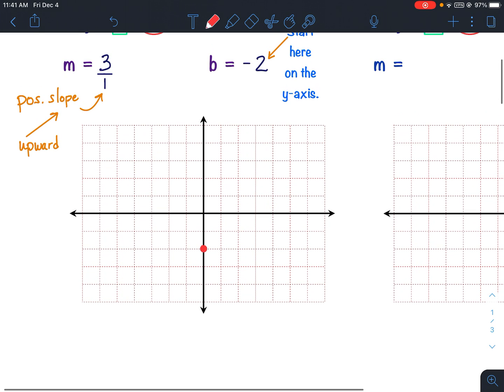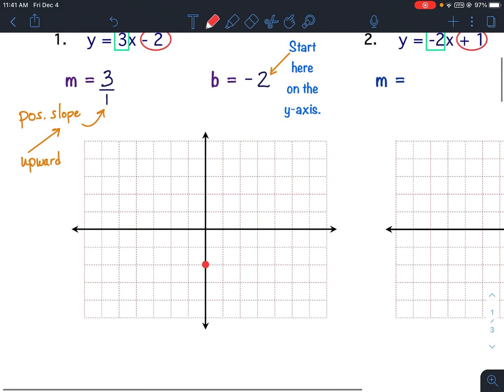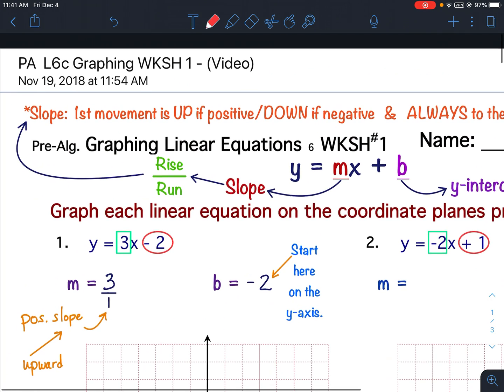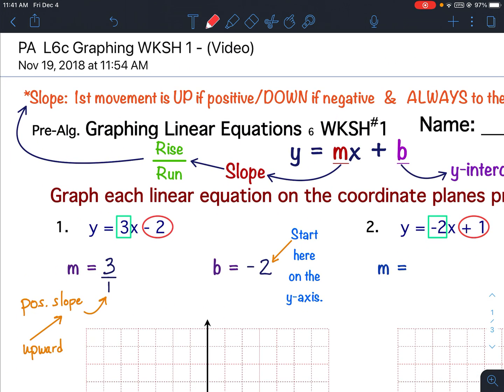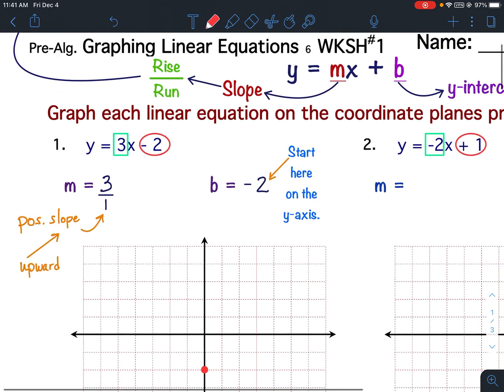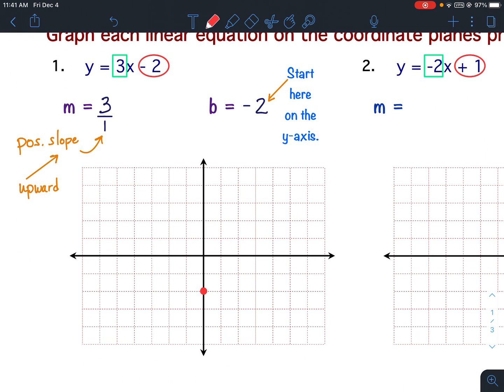Now, from that point, we're going to use the slope of 3 over 1. So again, remember, the first movement is up if it's positive, down if it's negative. Well, it's positive, so we'll go up and then to the right. So what this means is we're going to go up 3, then to the right 1. So I go up 3, 1, 2, 3, to the right 1.